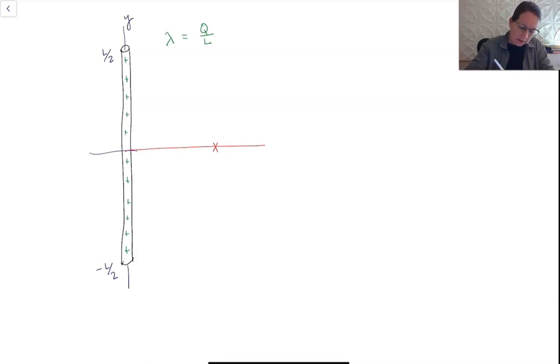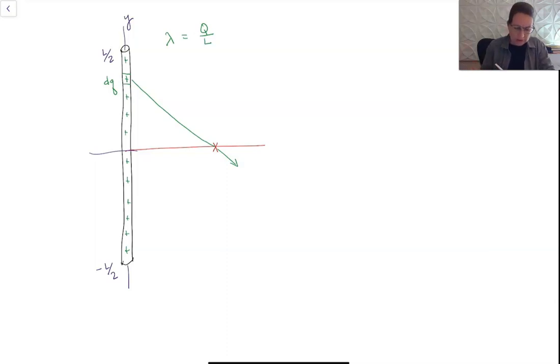So if we look at the electric field due to that little bit of charge, this little dq right here, just following what we've done before, then we can say that electric field points in this direction, and this starts to get at why we would pick the middle.